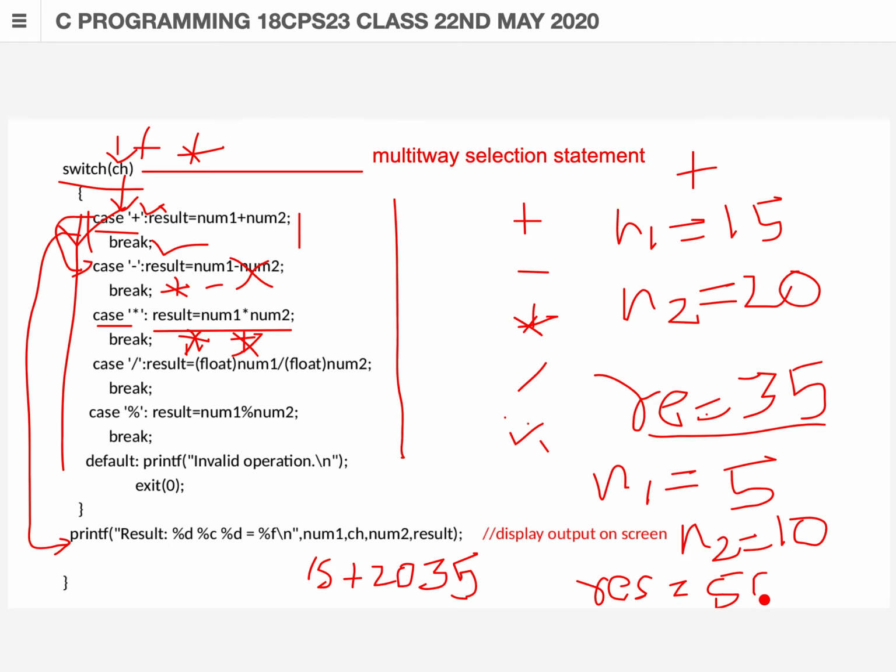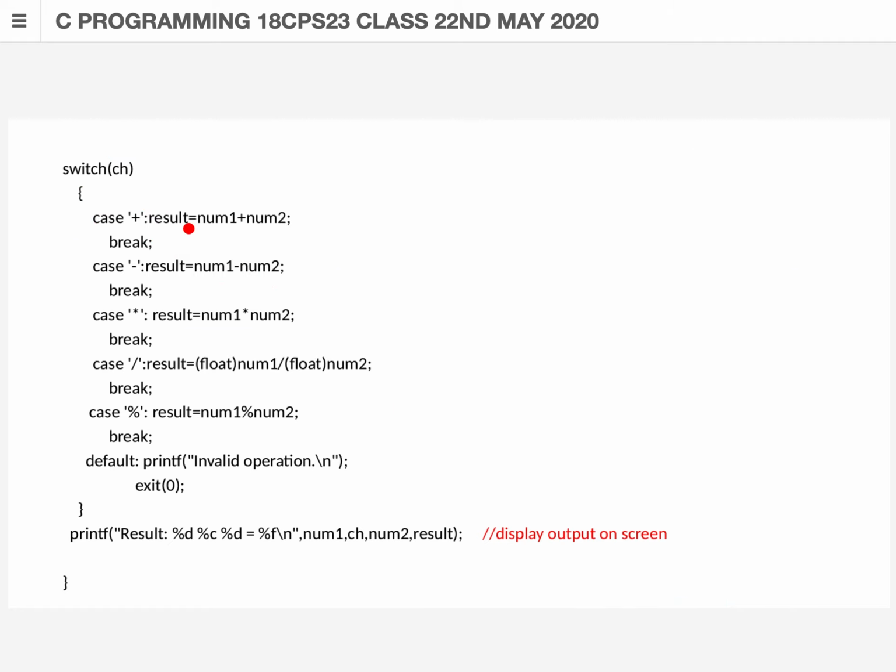Once the evaluation is done using this third case, num1 5 into 10 will be stored in the resultant, and that resultant value 50 will be displayed on the output screen.